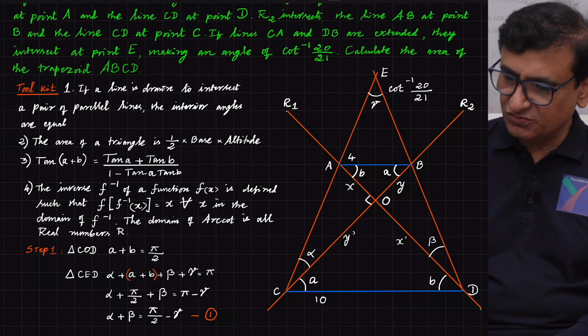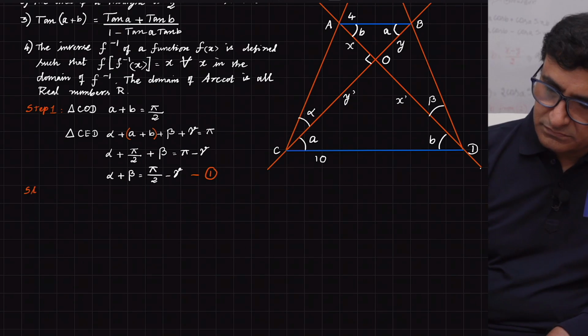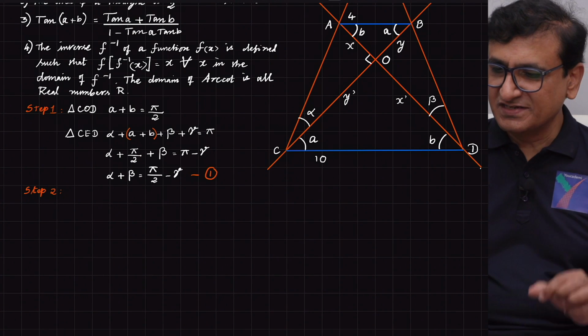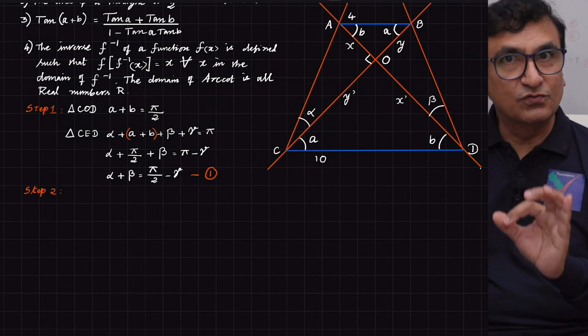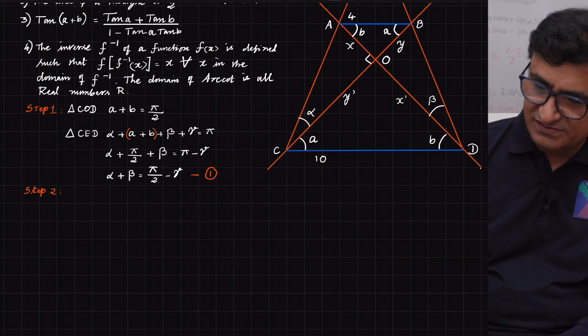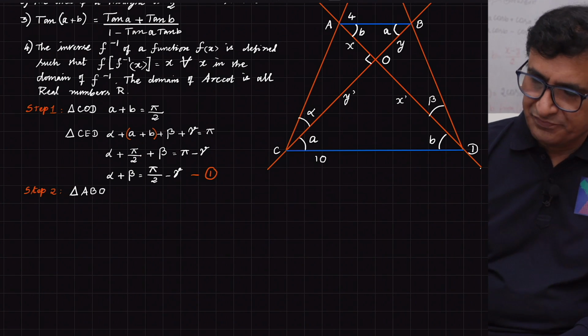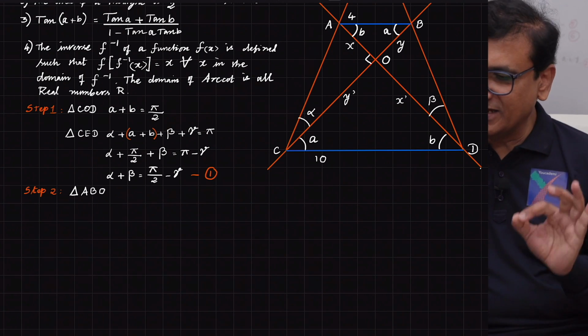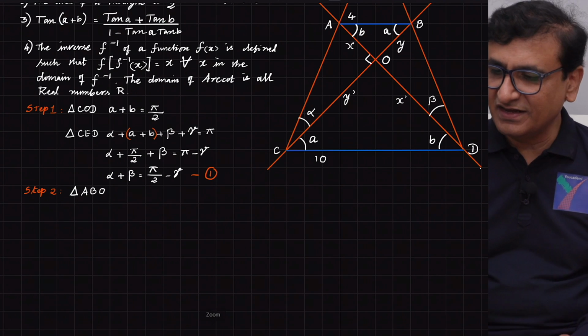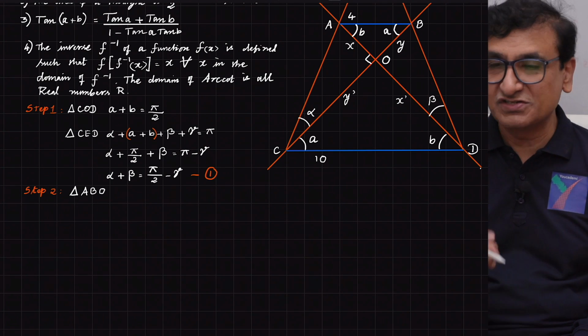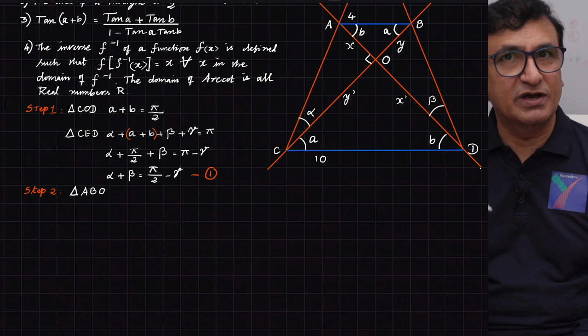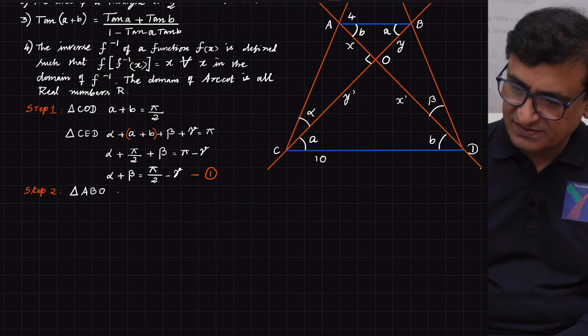Okay, let's proceed to step number 2. First, the triangle ABO. It is a right angle triangle. Okay, from the right angle triangle ABO, what can we write? x square plus y square equals 4 square, or rather x square plus y square equals 16.